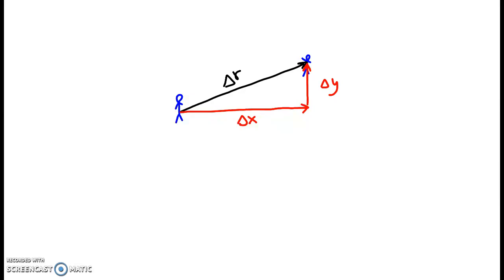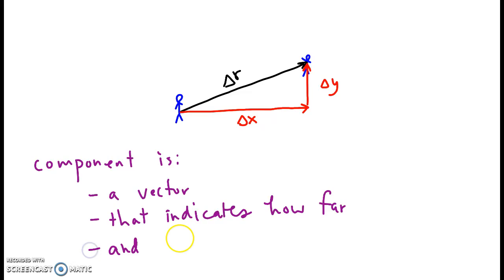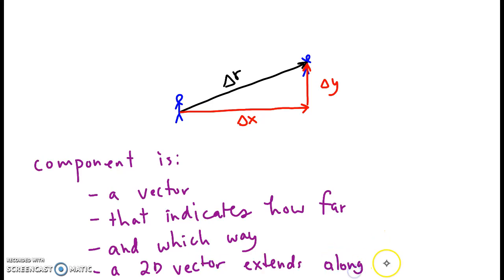But if we were going to try and write down a definition of the component, a component is a vector that indicates how far and which way a two-dimensional vector extends along an axis.